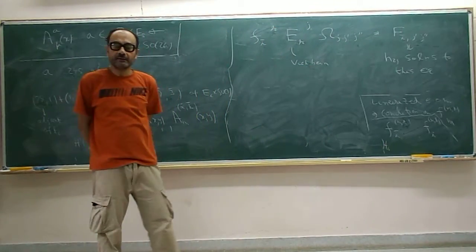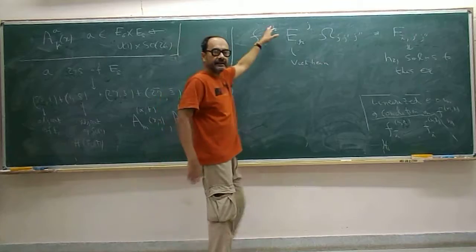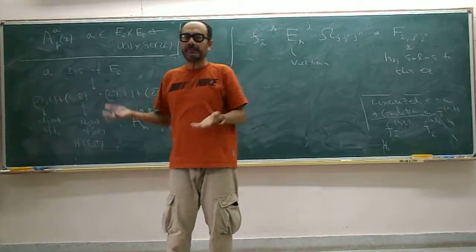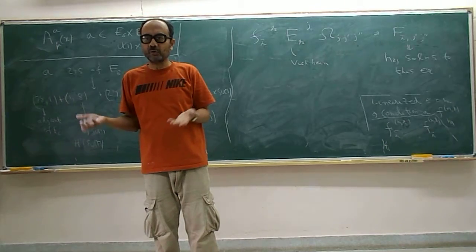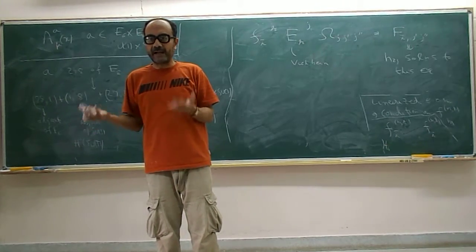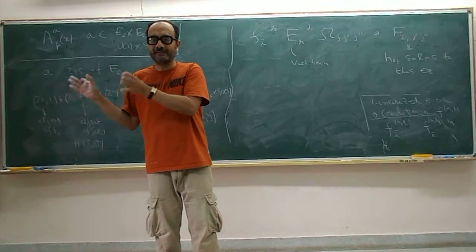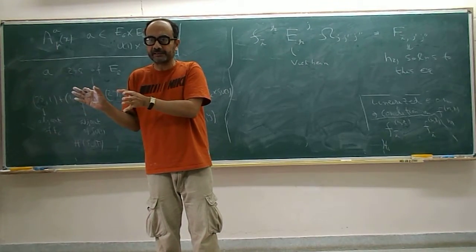Once you have replaced it with a vector index, you can forget about the background gauge connection, because then you are thinking of this as an ordinary tensor with no gauge index. The gauge index can be replaced by a vector index because you have embedded the spin connection in the gauge connection.